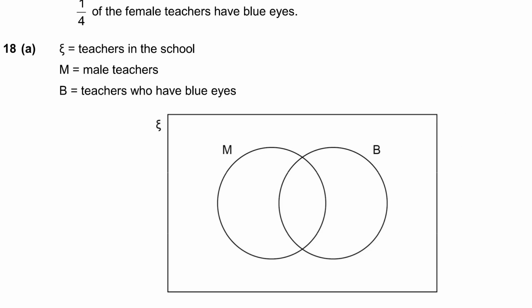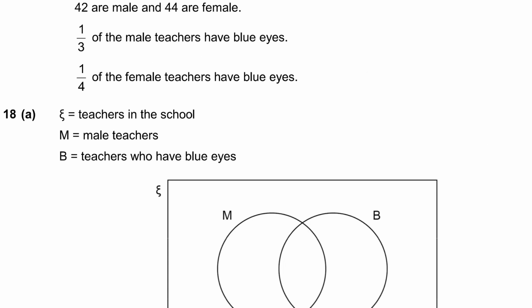Okay, so where shall we start? I think if we look at this bit here, 42 are male and 1/3 of the male teachers have blue eyes. That means we can work out what the intersection is going to be then, don't we? So we've got 42 male teachers altogether and 1/3 of them have blue eyes.